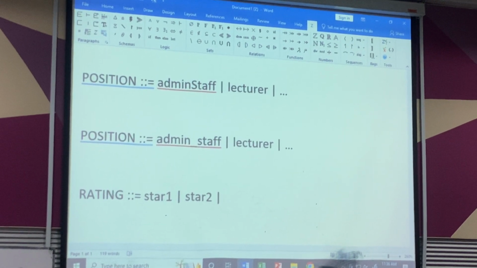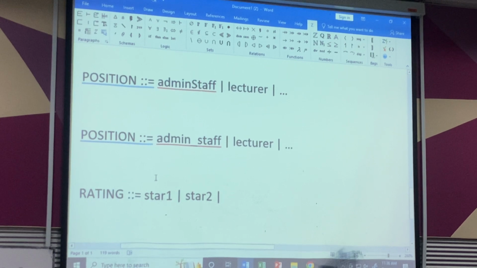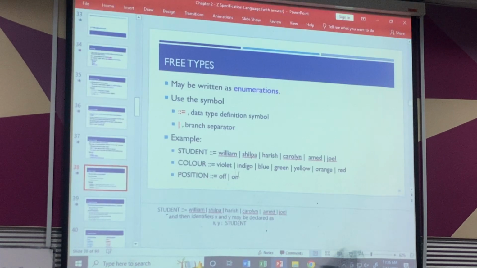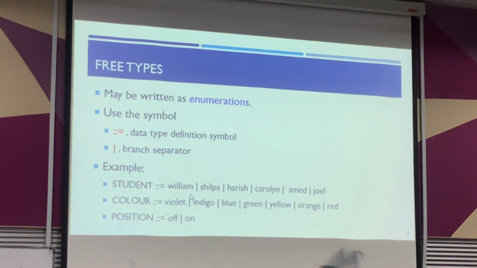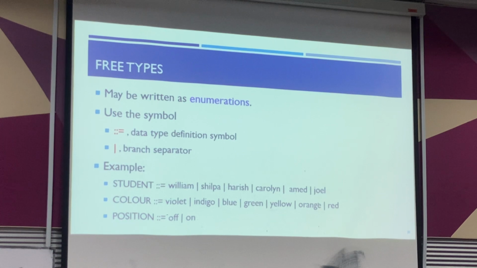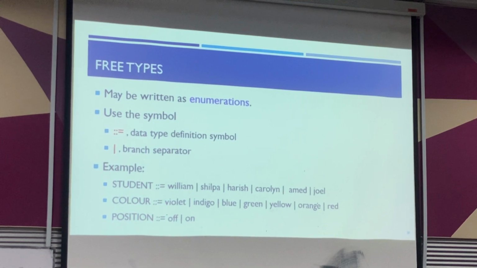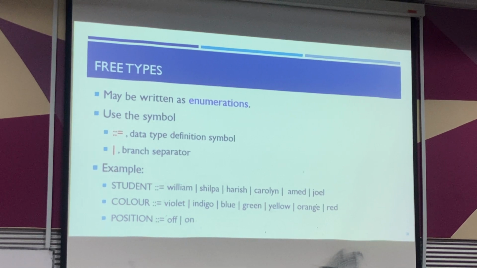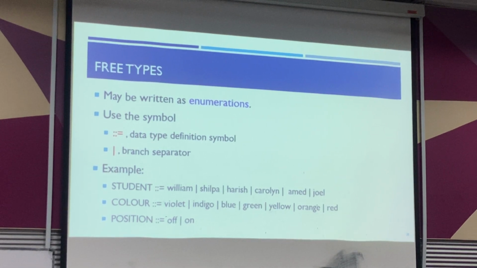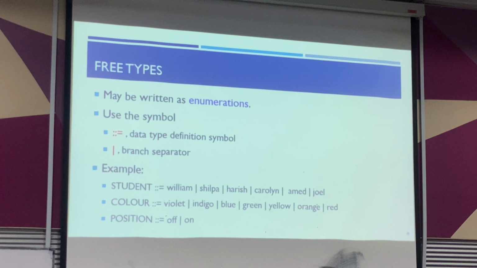So this is actually for the free type. For free type here, you separate using bar. Normally we use this to declare choices like this, or later for error handling.